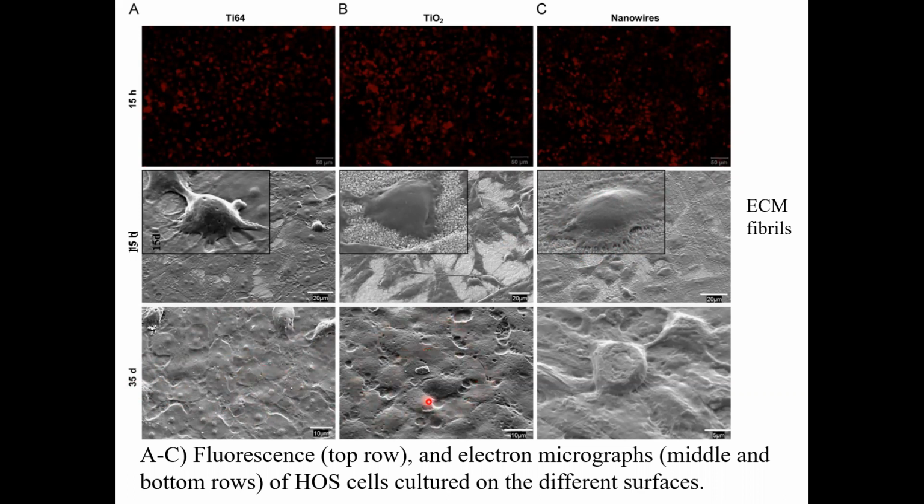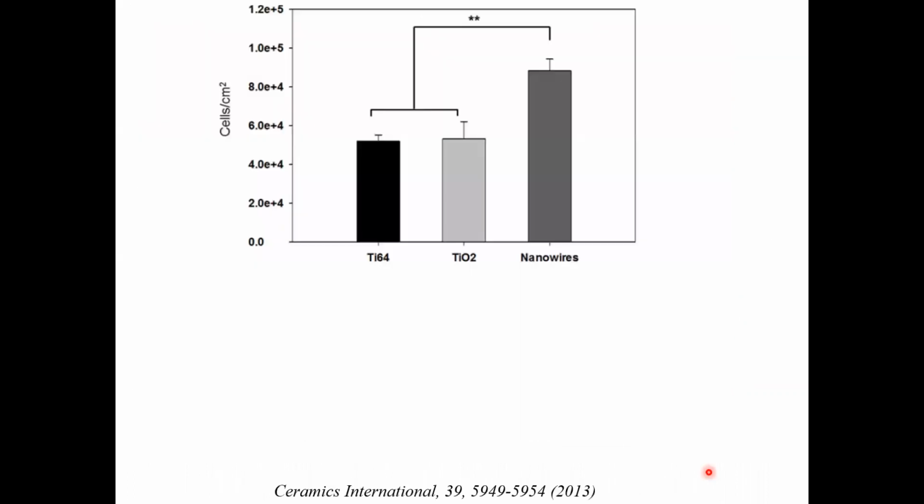The one with the TiO2 coating shows some, but not much. But the sample with the nanofiber now shows quite a bit of extension of this ECM and a lot of activity on the surface.